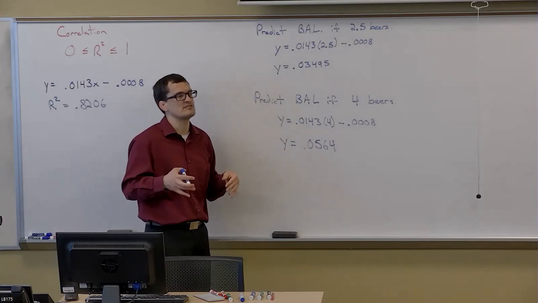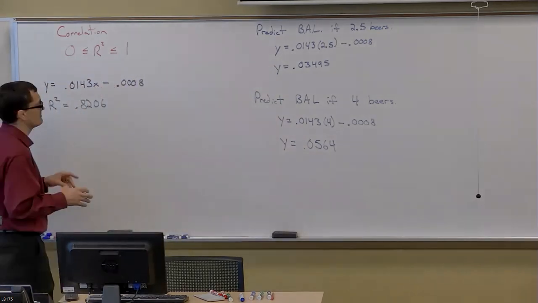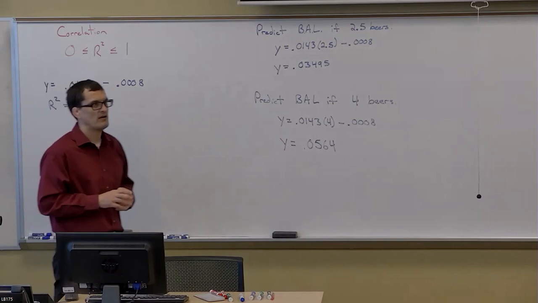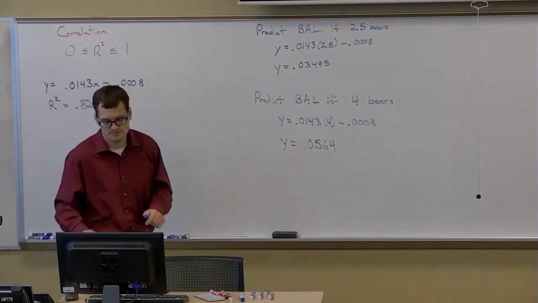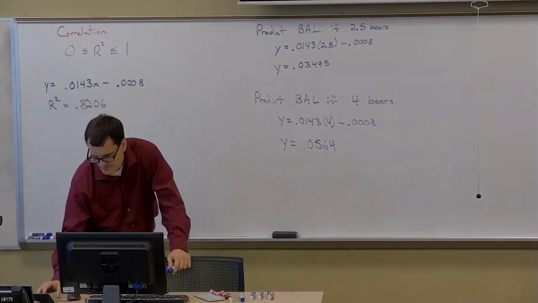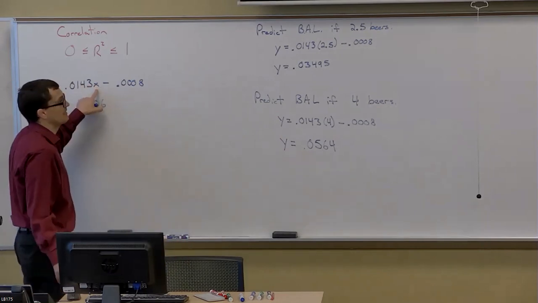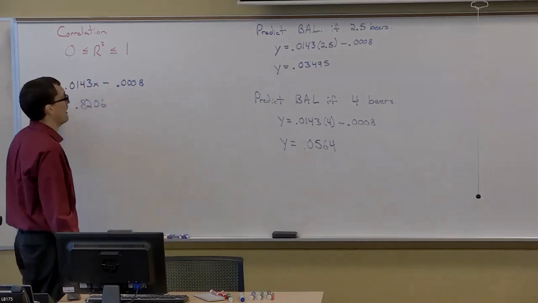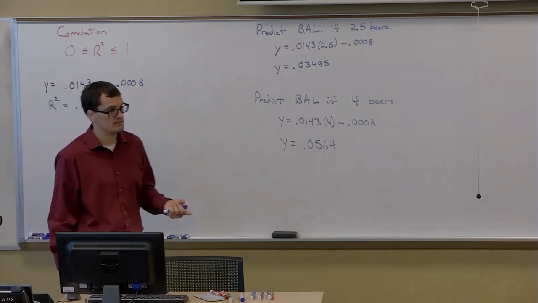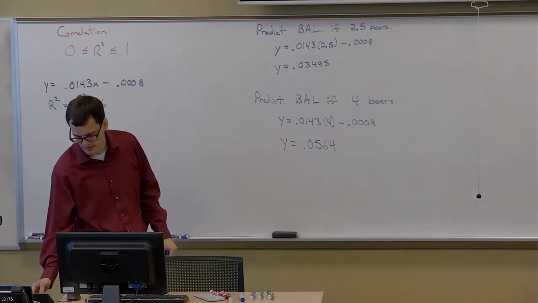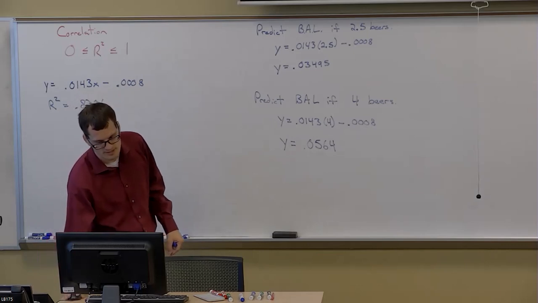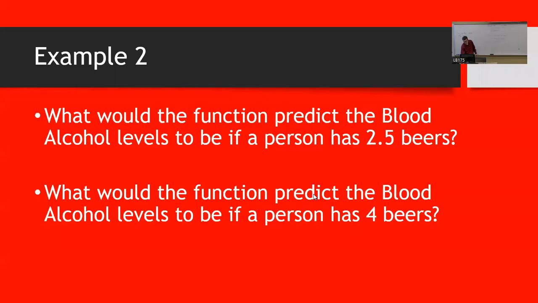Now we do have to understand, because of how I'm generating this model, the X value stood for the number of beers, and the Y value stood for the blood alcohol level. So we do have to be aware of what variable stands for what. But other than that, I hope that's fairly straightforward. Did everybody understand why the X value is that way and why the Y value is that way?